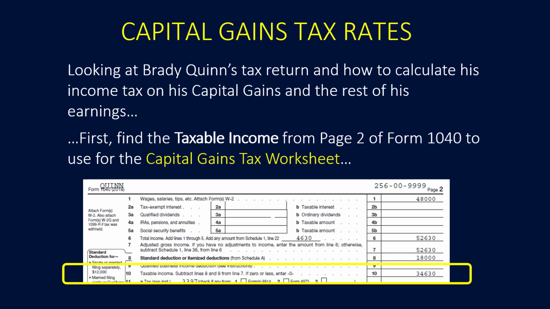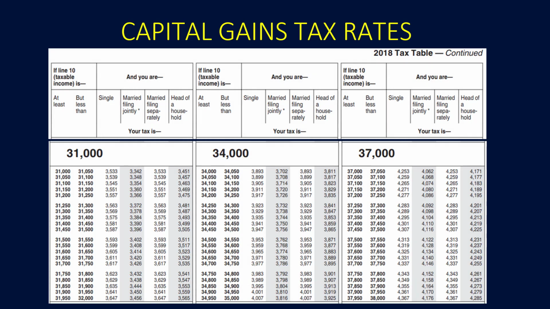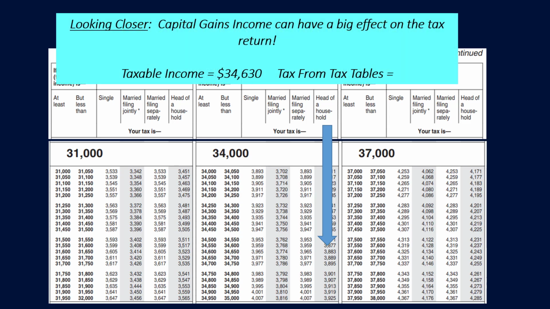And there it is on line 10, the taxable income. We would look in the tax tables ordinarily and see that the taxable income on his amount, the tax from the tax tables, is $3,883, filing head of household.